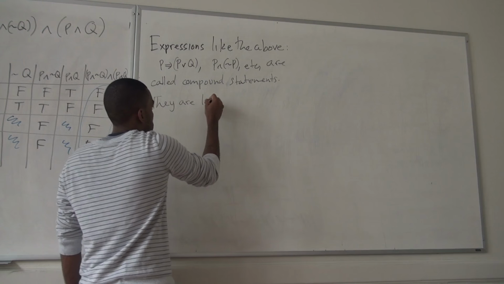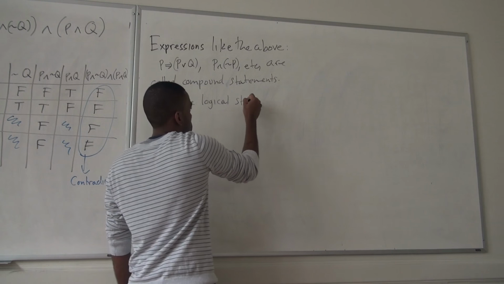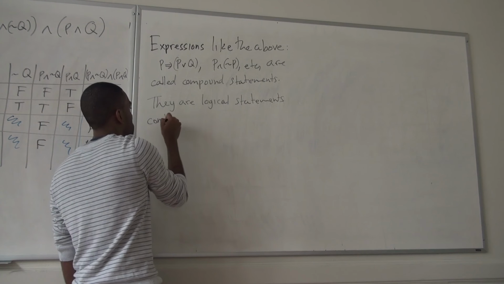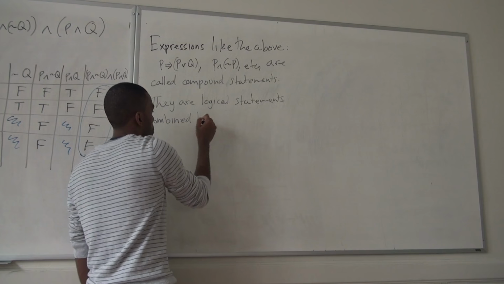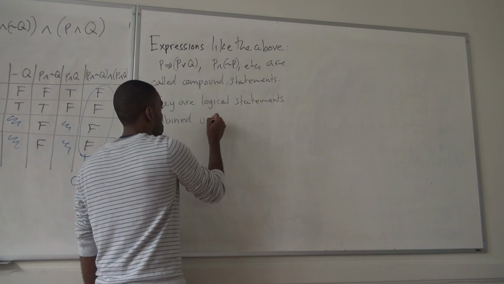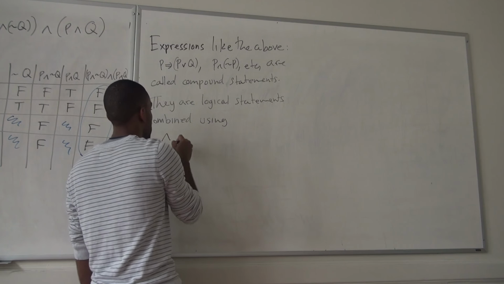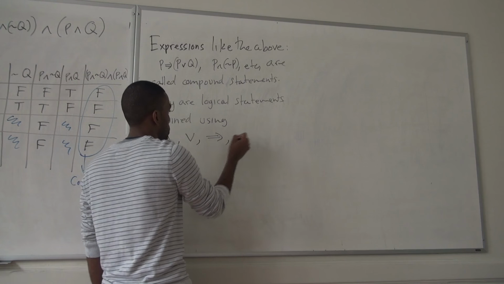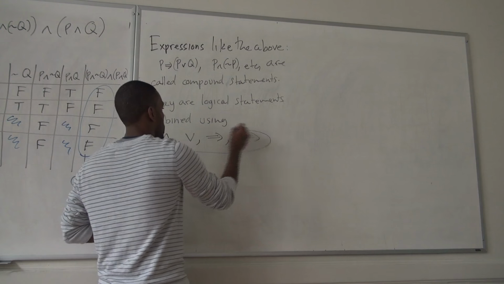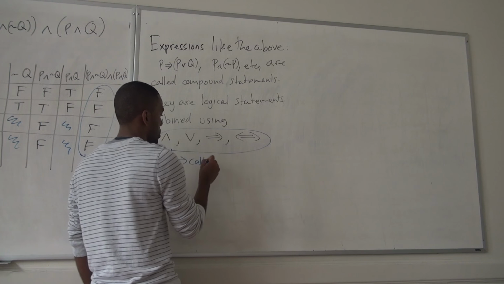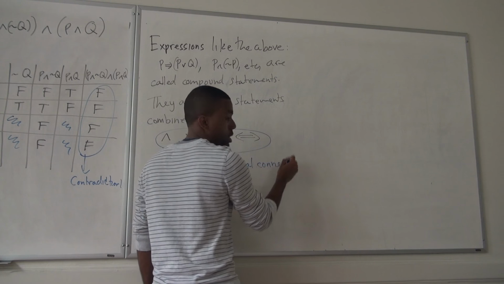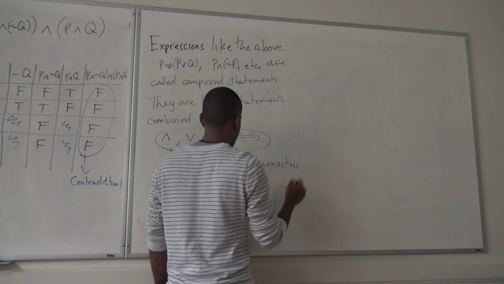They are logical statements combined using things like and, or, implication, bi-implication, and these guys are called logical connectives because they're used to connect logical statements.